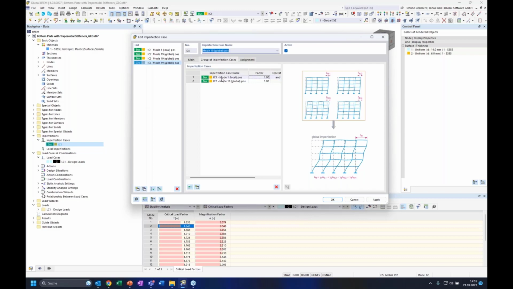And that would be imperfection case 1 plus imperfection case 2. And because I'm not sure if this combination or the combination of imperfection case 1 and imperfection case 3 would be the most crucial one, I also take into account another group where I add up imperfection case 1 and 3.